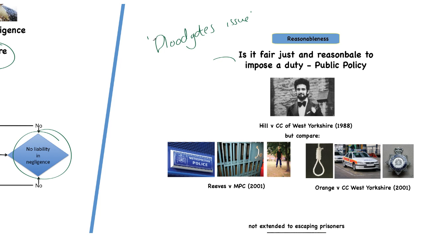A floodgates issue is where if we start one thing and we say yes to one thing, then thousands, hundreds of thousands, millions of people might also want to have the same thing. So the system couldn't cope with some of those things. So in order to prevent the floodgates opening, there is a fair, just and reasonable imposition placed here.